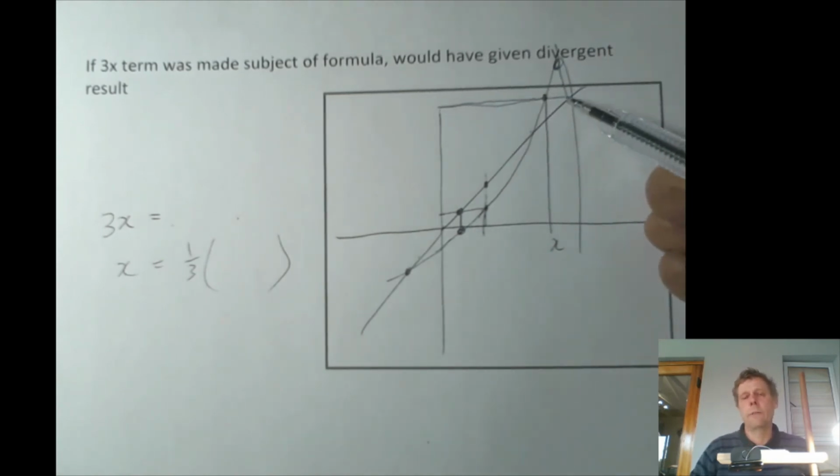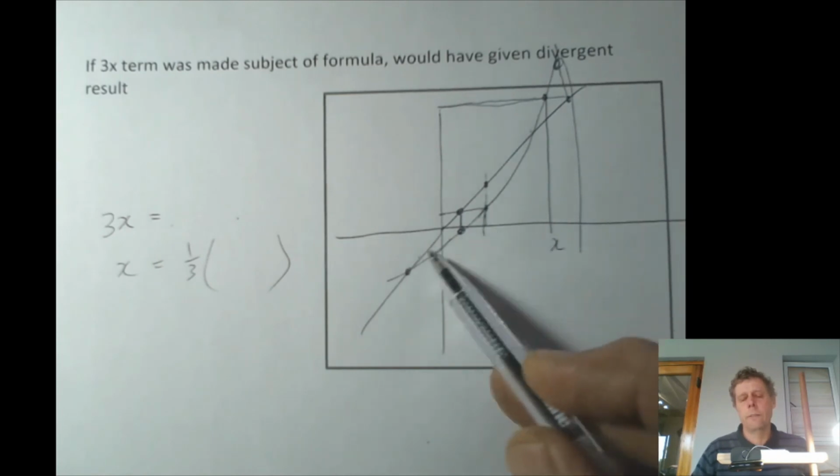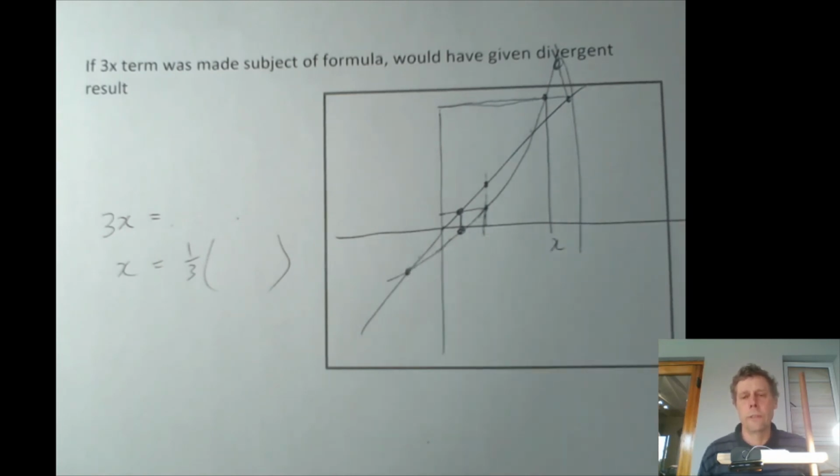And that would be a divergent root. This one might be an example of converging onto another root, a different root to what we expect. Okay, so there's a lot of little nuances with the iterative method, but it's a very useful and easy approach.